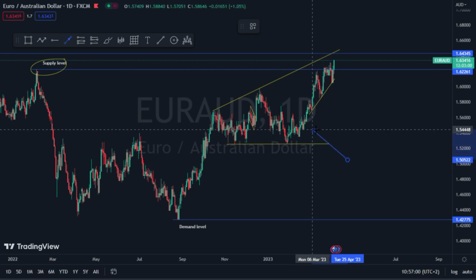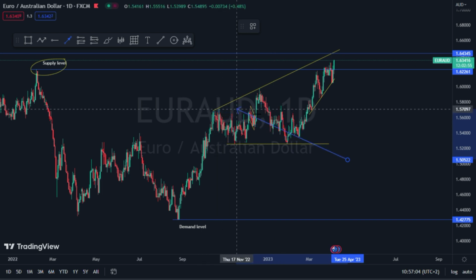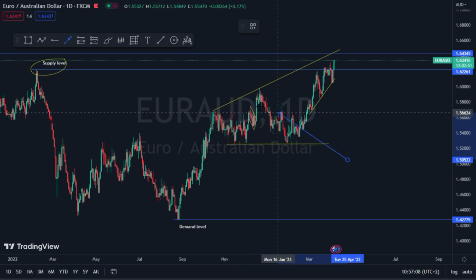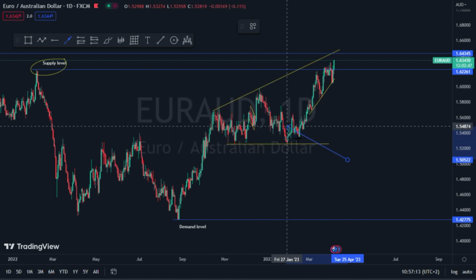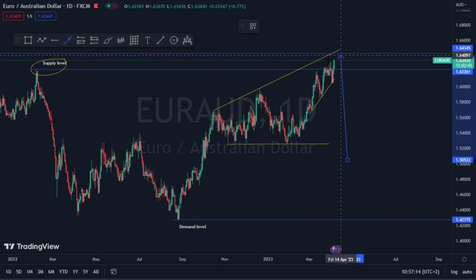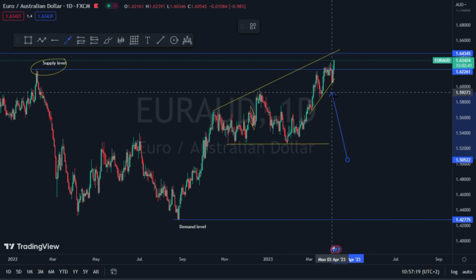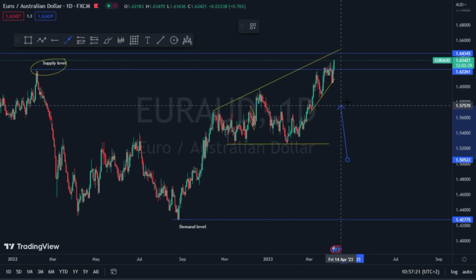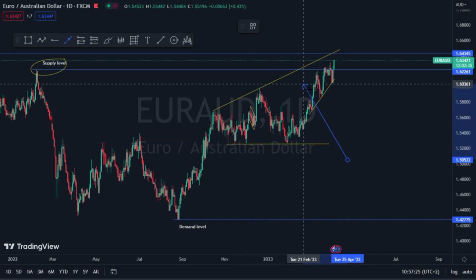But because the market had violated these highs of the left shoulder, I knew that the market wouldn't give us that head and shoulders pattern. I knew that the market was about to give me that whole pattern, which represents a reversal in the market, right? So this whole structure right here represents a reversal in the market, right?